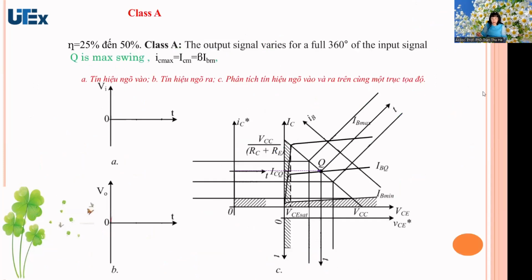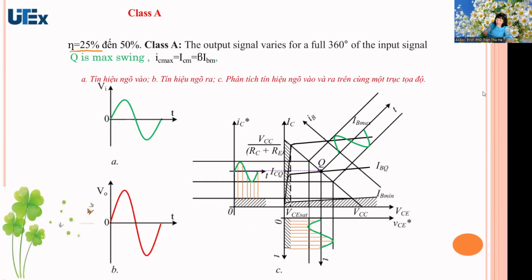And for detail, I would like to explain. For class A, the main meaning is the coefficient of the efficiency from 25 to 55. In class A, the output signal varies over the full 360 degrees of the input signal.